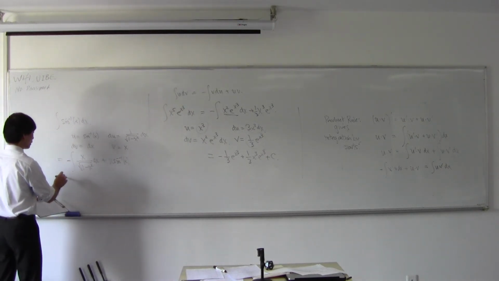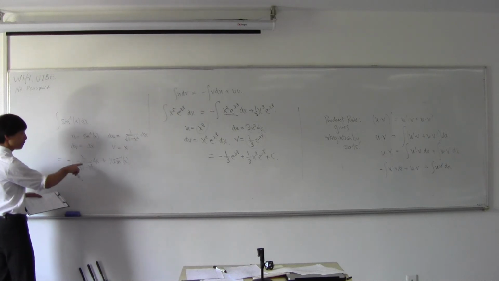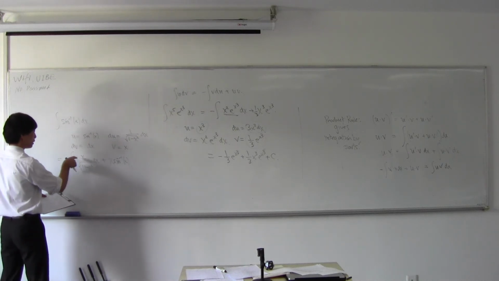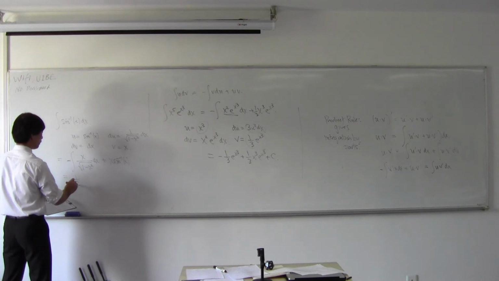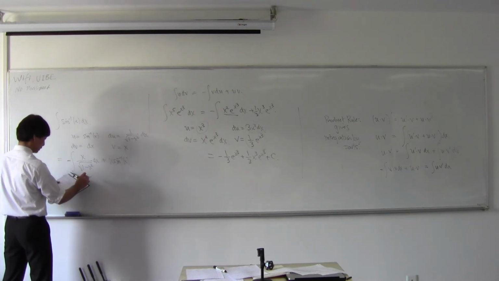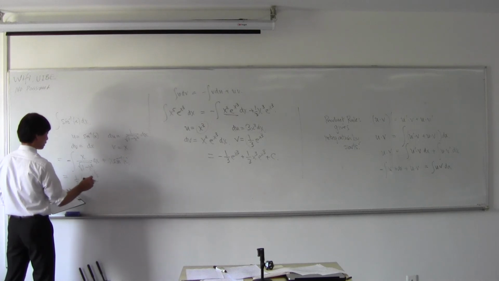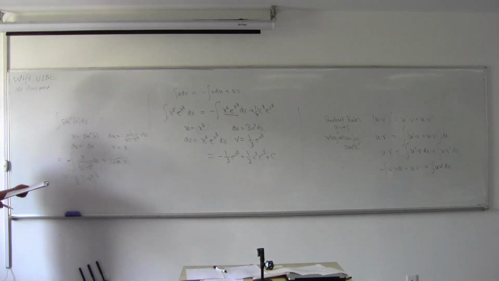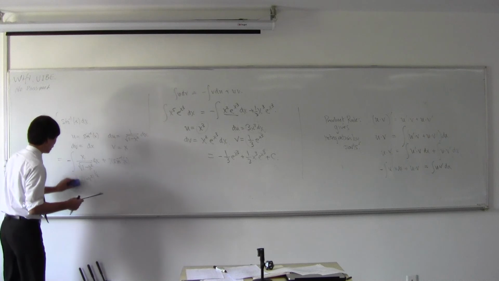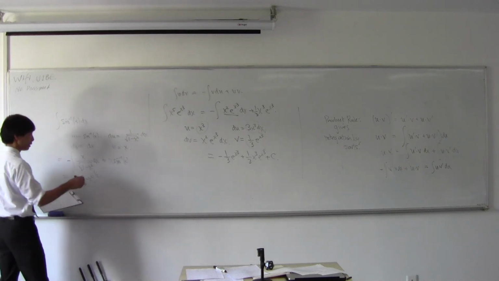Right? And you see what happens, right? You're going to get 1/2 x divided by 1/2, so you get this, right?